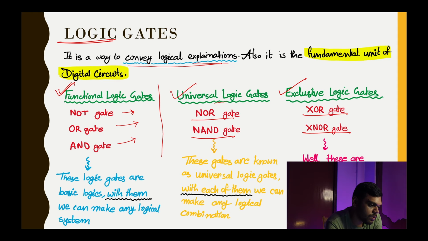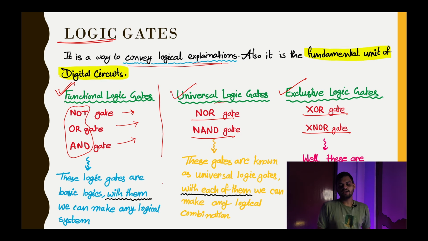Now the question is, why are logic gates like NOT, OR, and AND called functional logic gates? There is a reason behind this. If we try to build any logical explanations, we must need some fundamentals. Those fundamentals are OR gate, AND gate, and NOT gate. We can make any logical statement with these three components.